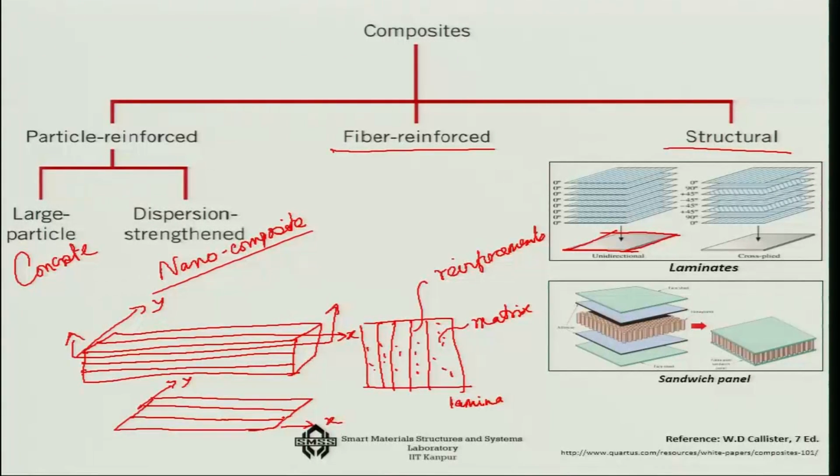So, this is one type of orientation of the fiber. If I look at the second part or the third part, suppose I cut it here and look at it, I may find that all the fibers are actually perpendicular.